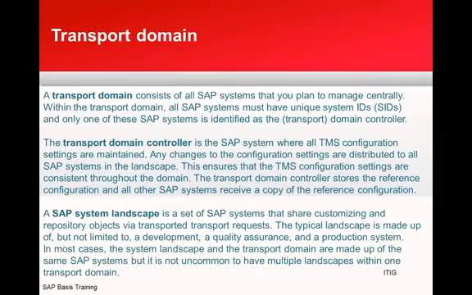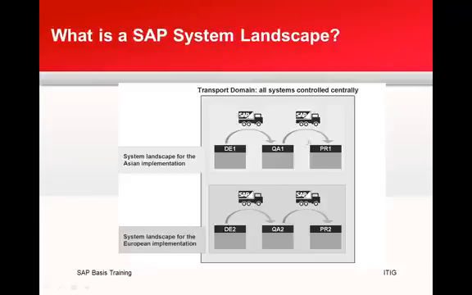Okay, so let's see the different terminology, that is, a transport domain. A transport domain basically consists of all systems that you plan to manage centrally. Here you can see that this is one transport domain, with all the Asian implementation systems.